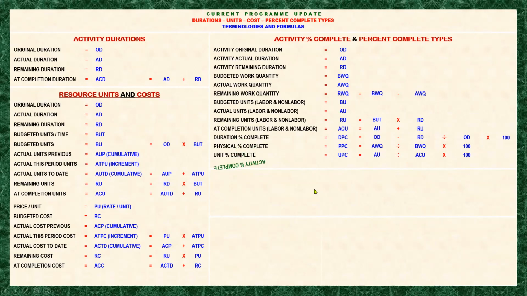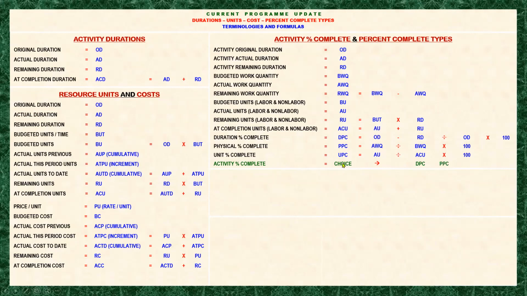So we have the activity percent complete, meaning you have the choice of the three types, and it will inherit the percentage of your choice. First is the DPC, which is duration percent complete. If you choose the duration percent complete, then the activity percent complete will adopt that percentage.